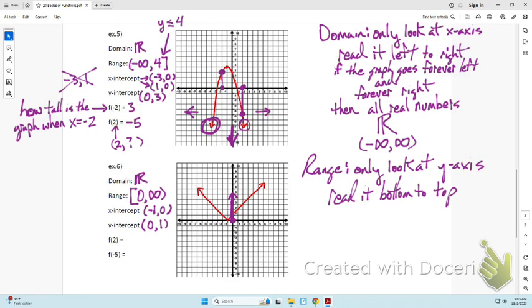F of 2, it is 3 units high right there. F of -5, looks like it's 4 units high right there. And we got number 6.